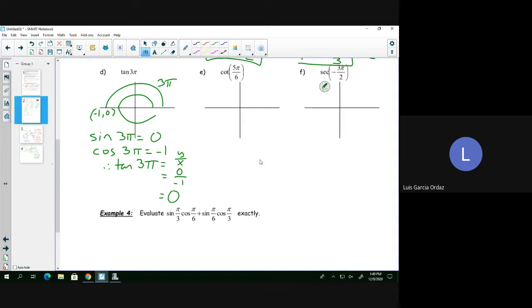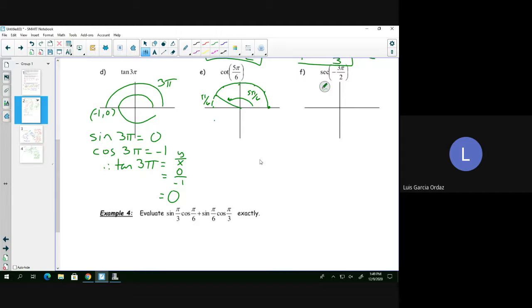So the next one we have is cotangent of 5 pi over 6. We're going to divide it into 30-degree intervals. One, two, three, four, 5. So this is 5 pi over 6, which means we're left with pi over 6.